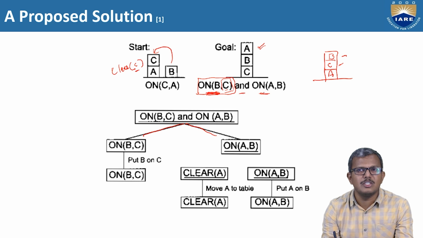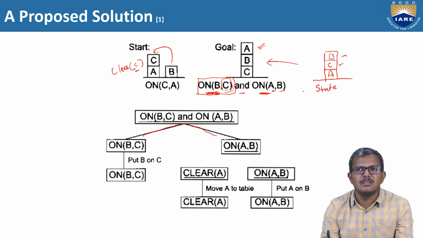Let us try to resolve this particular sub problem, on A comma B. It means A block should be on the B block. You try to observe, B is on the table, on B we are having A, on A C is there, on C B is there. Do the comparison between these two states. This is the new state we have got.